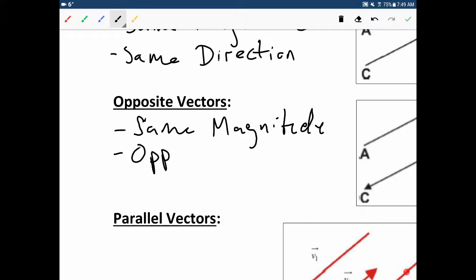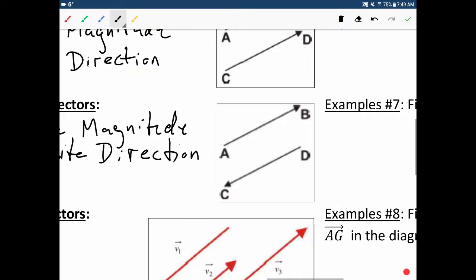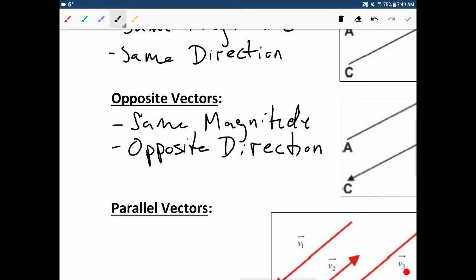They have exactly the opposite direction. Not different direction, opposite direction. It has to be going exactly the opposite direction. So for instance, we've got A to B here and C to D. They're exactly the same, except that the direction is going exactly the other way. And that makes them opposite vectors.